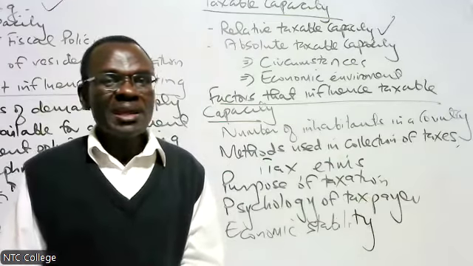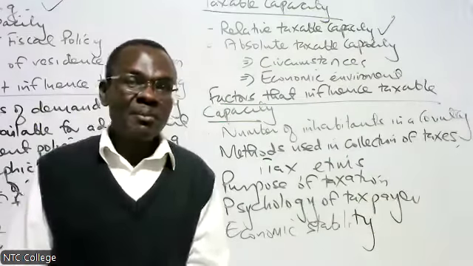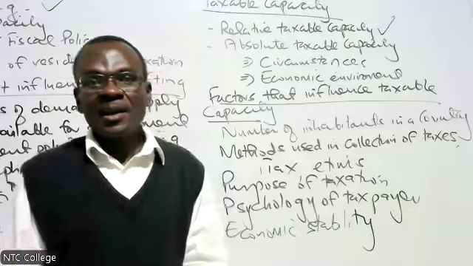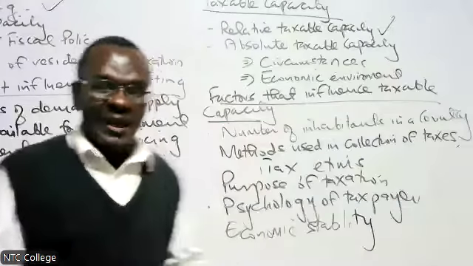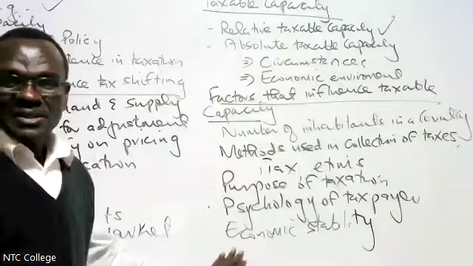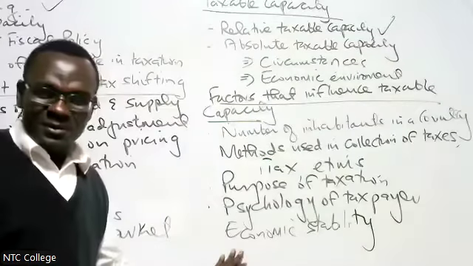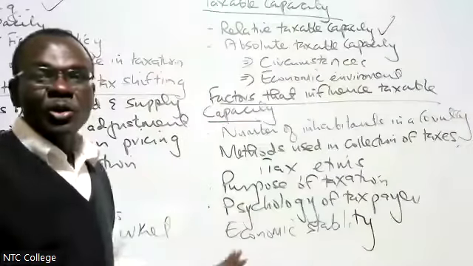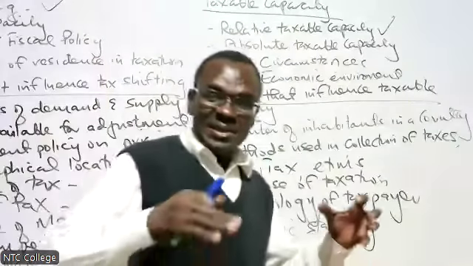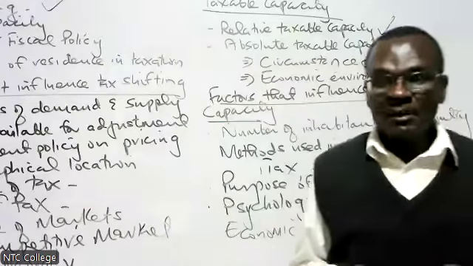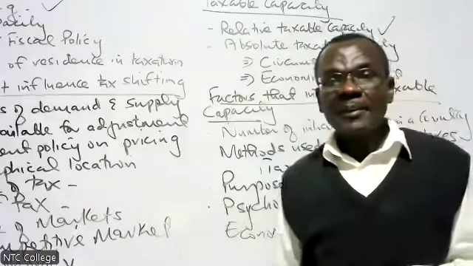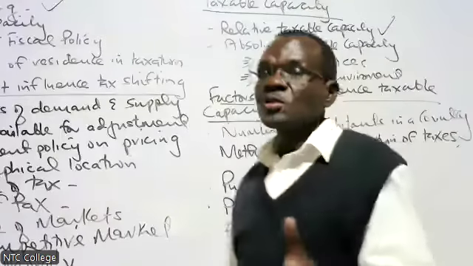So you'll find people making chapatis, you'll find people making madondo, people engage in all sorts of things. And that brings us to this point, economic stability. Do we have jobs? So when the economy is performing well and there is employment, taxable capacity goes up because more people can contribute.